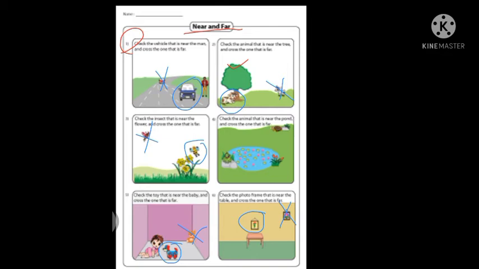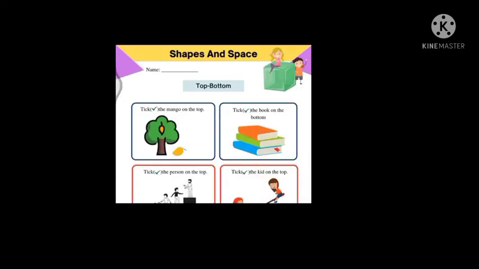Okay, so when we are comparing 2 objects' distance, we use nearer and farther, and when we are comparing more than 2 objects, at that time we will use nearest and the farthest, right? जब 2 objects को comparing कर रहे हैं तो हम nearer और farther use करेंगे, right? And while we are comparing more than 2 objects, 2 से ज़्यादा objects की comparing करेंगे, उस time पे हम nearest and the farthest concept use करेंगे. Is that clear?